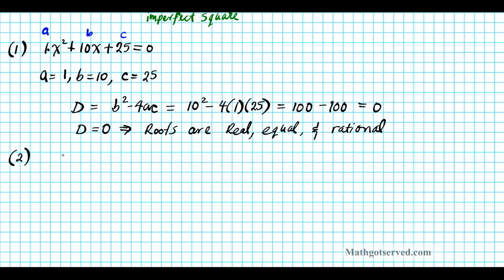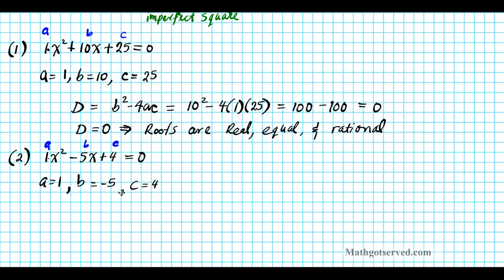Option 2, we have x squared minus 5x plus 4 equals 0. Put the 1 here for a. So we have a, b, and c. We're looking for the value of the discriminant. a is 1, b is negative 5, and c is equal to 4.